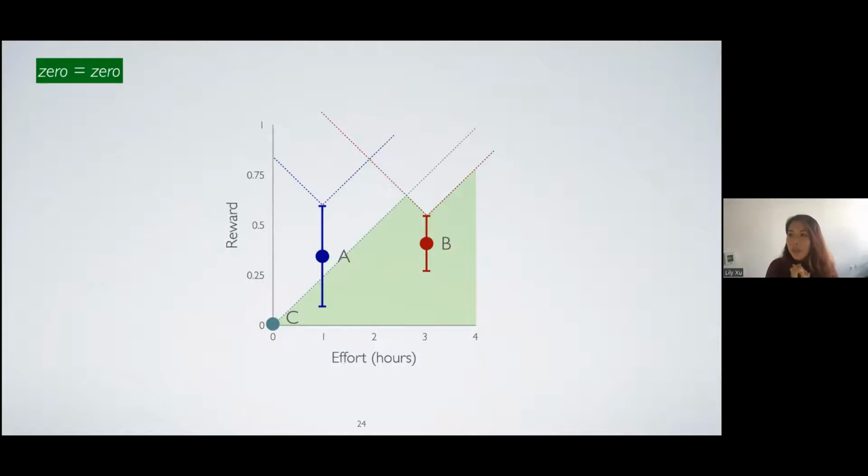And lastly, the third observation that we made about our reward function is that it is monotonically increasing, which means that the estimate of the reward at B equals 3 hours of effort imposes a flatness constraint over anything that is less than 3 hours of patrol effort, because we'll never be more likely to find snares if we patrol less.